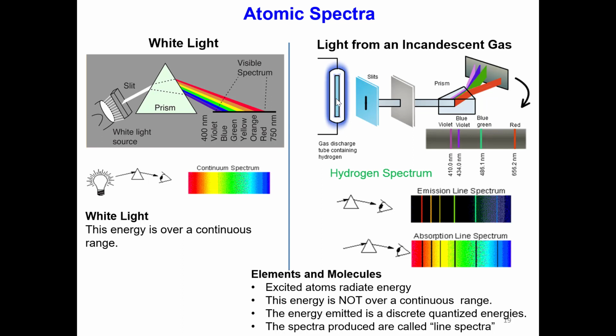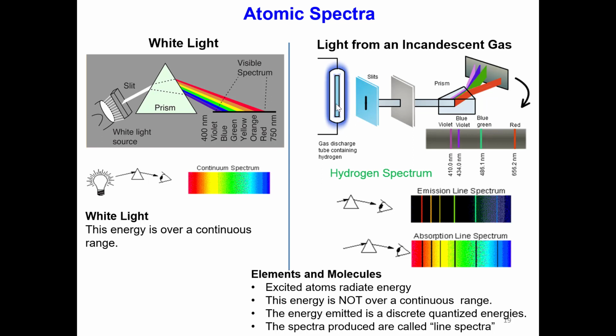They will get energy. They start jumping from one orbit to another orbit, and they can also go back to the original orbit, trying to get lower energy.